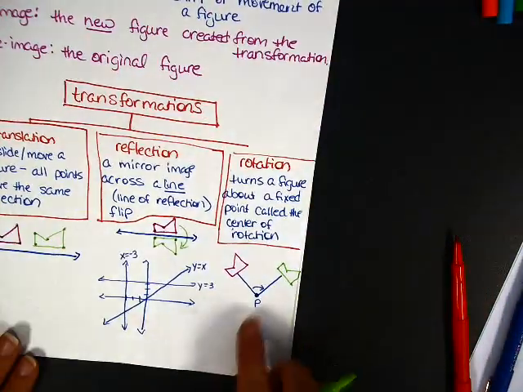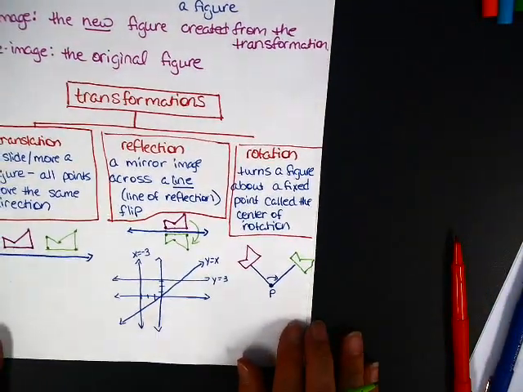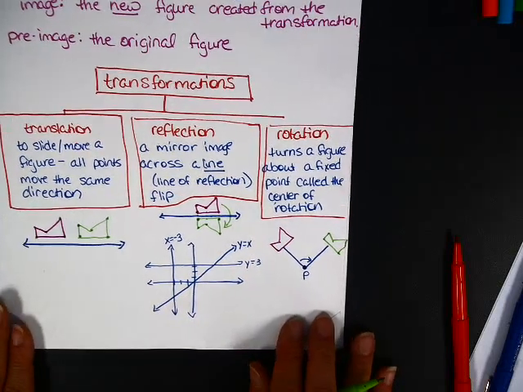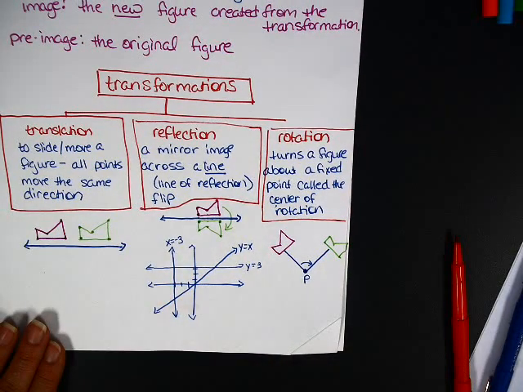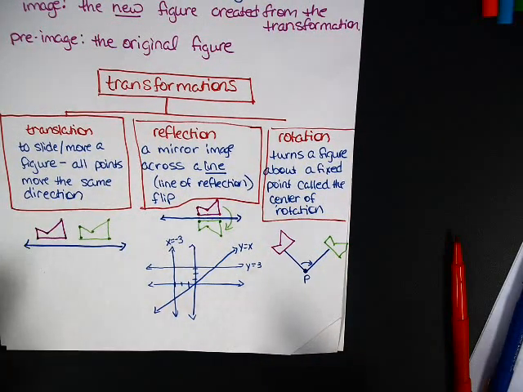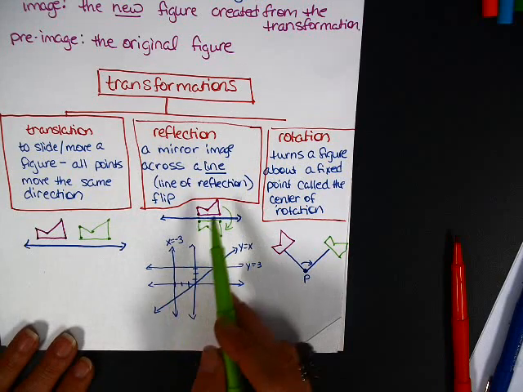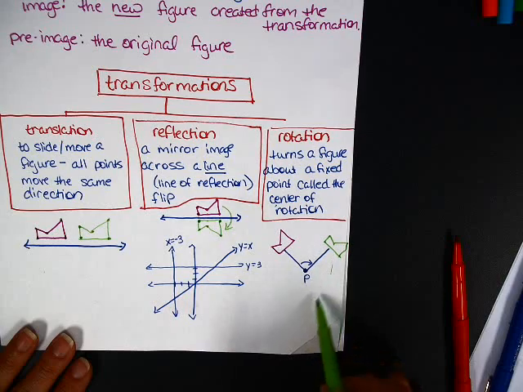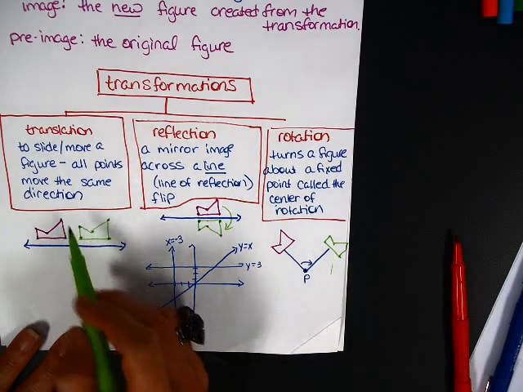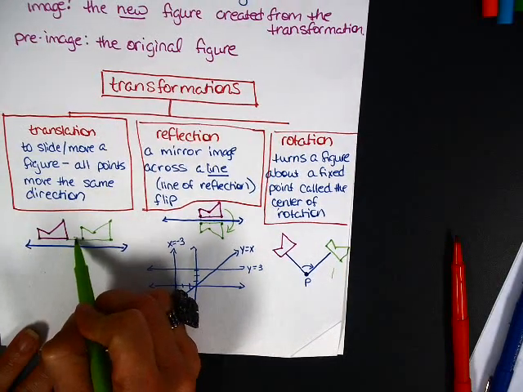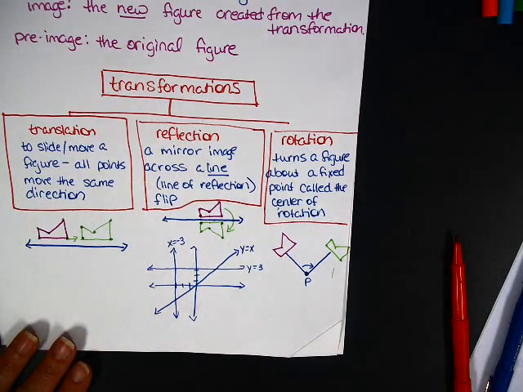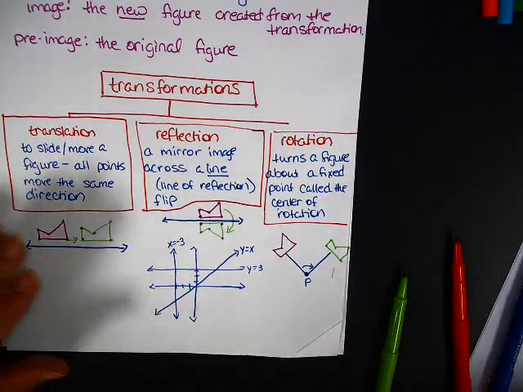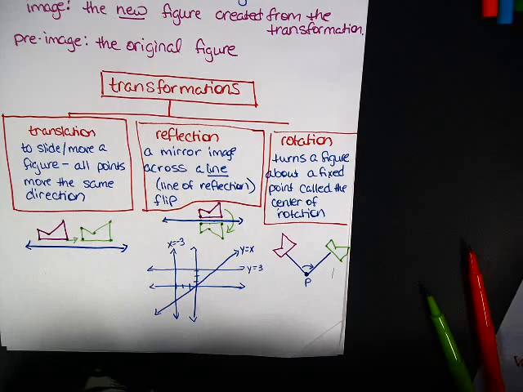We'll be dealing with this a little bit more when we cover Chapter 9, but just to give you an idea of what each one of these would look like as an after effect, these are exact mirror image. This one is turning around a point, and this one is just kind of sliding across, up or down. All right, so those are the 3 types of transformations.